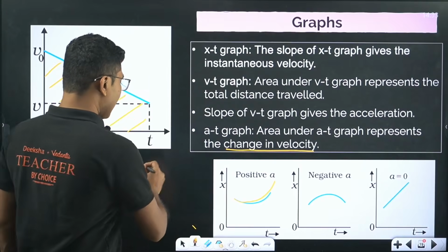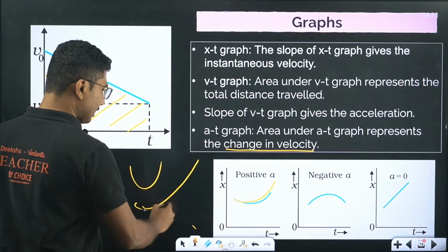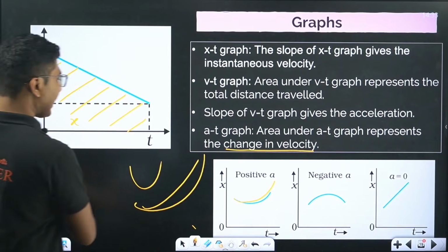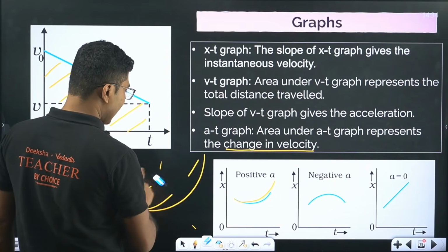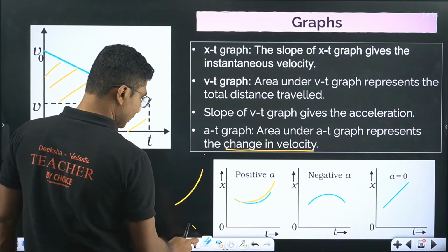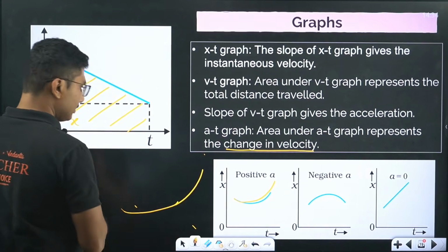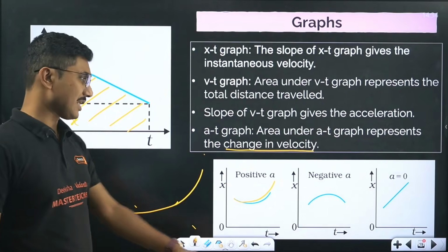The graph should be curved and it should increase with time, so that you can calculate the exact slope. If you can calculate the slope, you can calculate the velocity and correspondingly the acceleration as well.